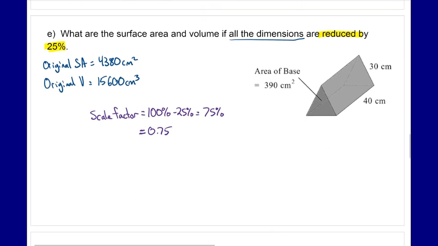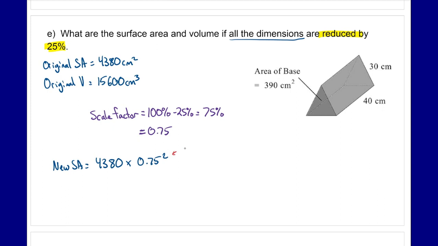I can go directly to the surface area and volume. So for the new surface area, I'm going to take the original 4,380 centimeters, or leave the units out for right now, and I'm going to multiply it by our scale factor, 0.75, but the scale factor is going to be cubed, or sorry, not cubed, squared.